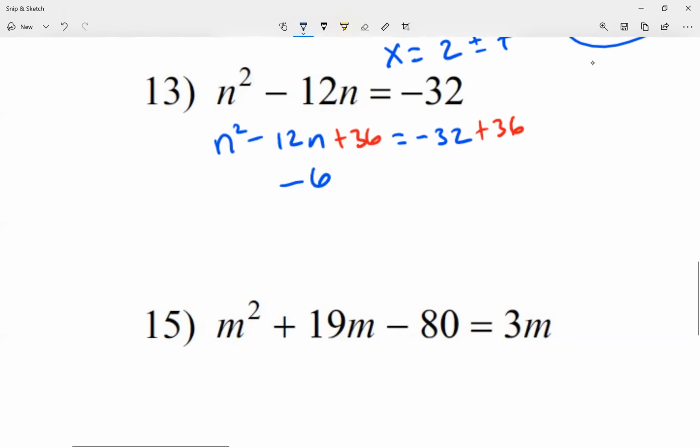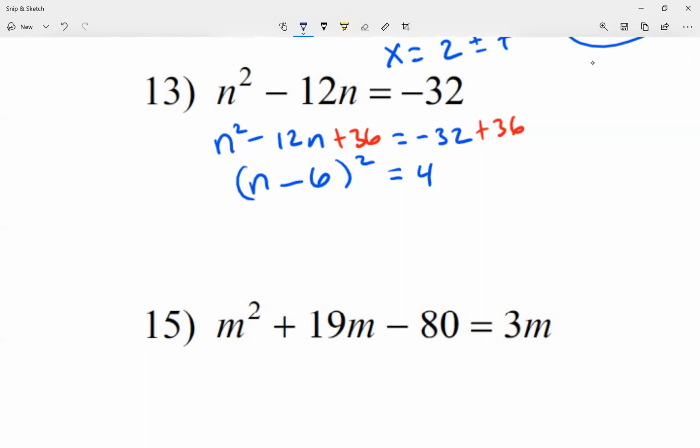The left side, n squared minus 12n plus 36. If I was to factor that, that gives me n minus 6 squared. Notice I've been completing on the left side. I've been making everything a square. That's why we call it complete the square, because I complete what is supposed to be squared. On the right side, so after the equal sign, -32 plus 36, that's 4.